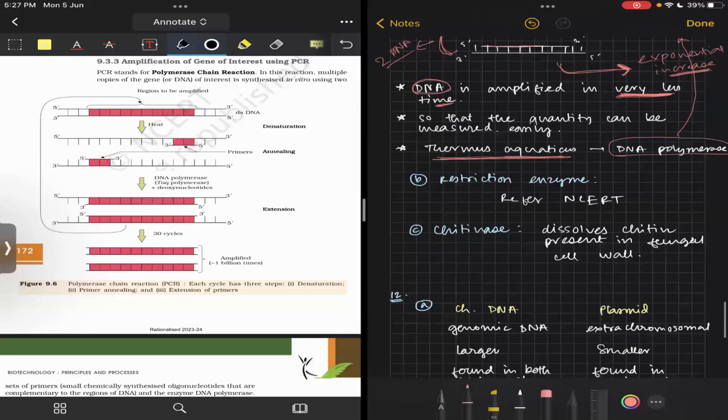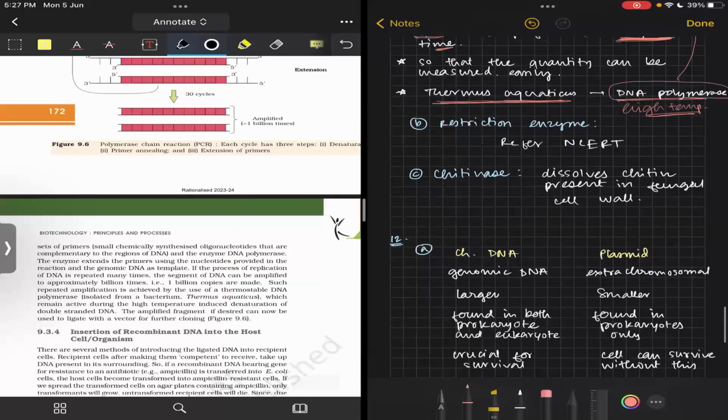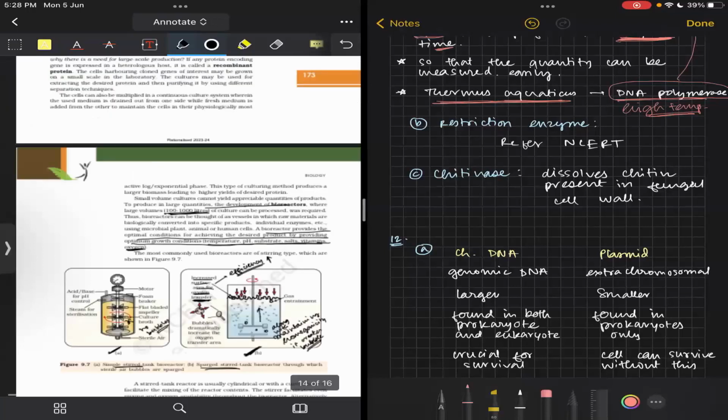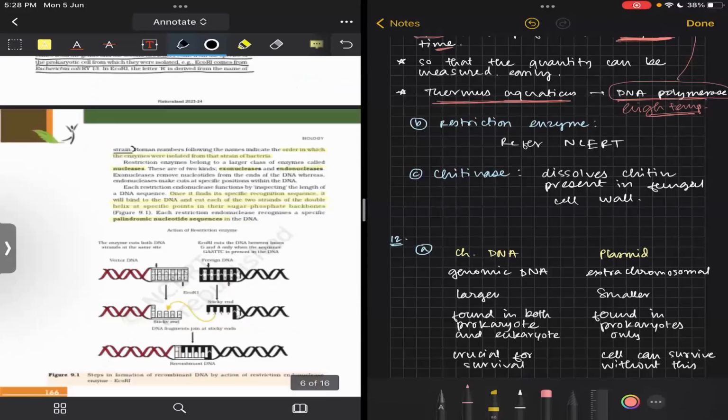Now the second was restriction enzymes and DNA. So restriction enzyme, I'm just going to refer to NCERT for this. NCERT has an excellent description of it.